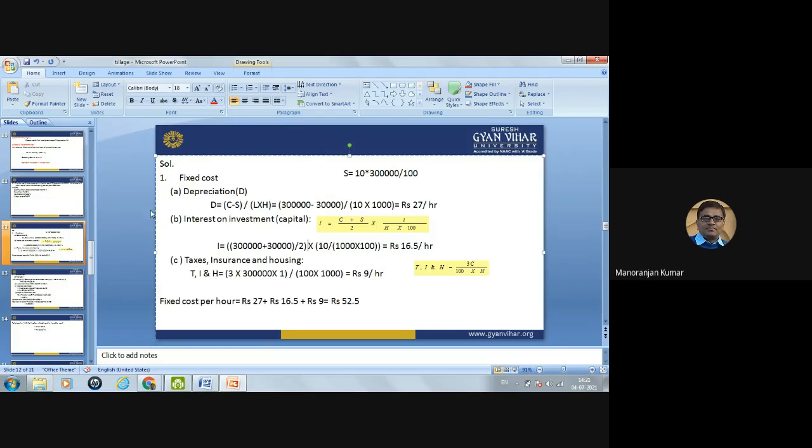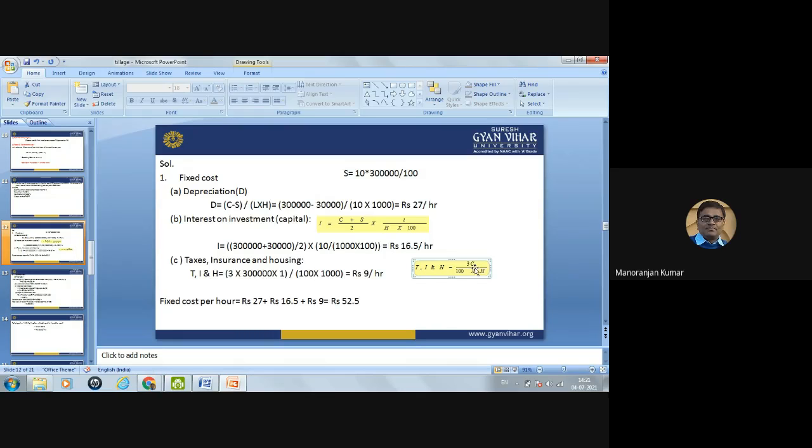Similarly, you can calculate the other fixed cost, that is the taxes, insurance and housing. How you can calculate? This is the formula: TINH is equal to 3C divided by 100 into H. You know all the values. C is the capital value, 3 lakh, meaning initial investment is 3 lakh.